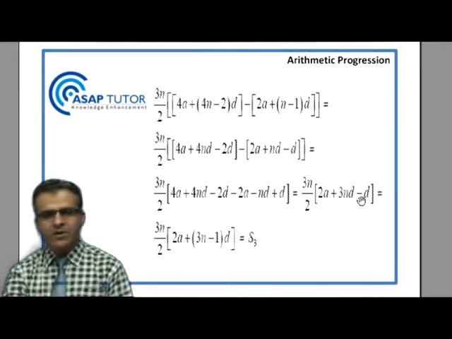Finally, we get 3n by 2 into 2a plus 3nd minus d.